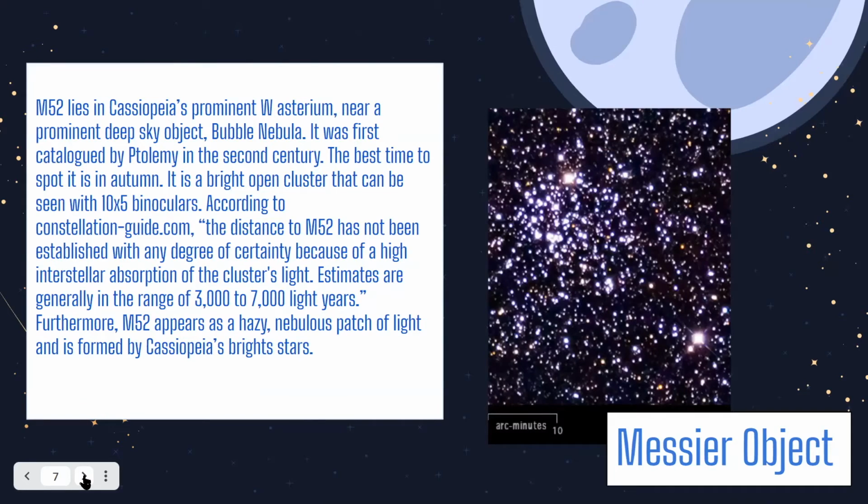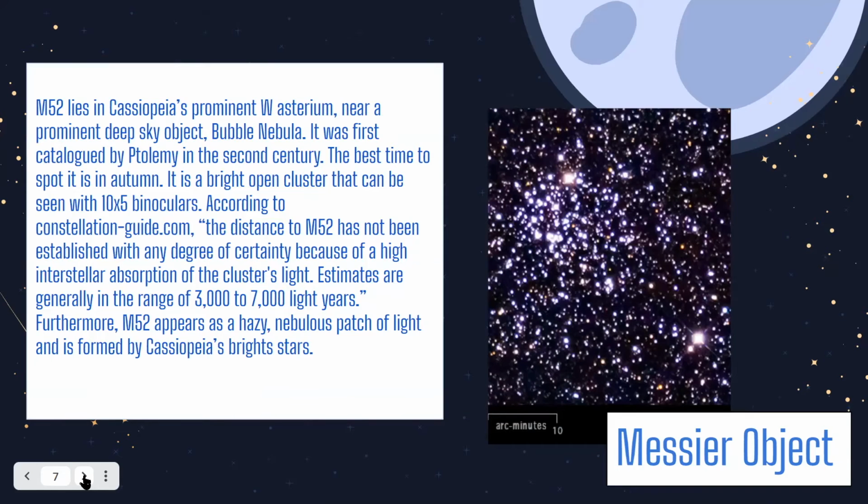Then on this slide, we chose to dive a little deeper into M52. M52 lies in Cassiopeia's prominent western asterism near the prominent deep sky object Bubble Nebula, which we will talk about next. The best time to spot this is in autumn.